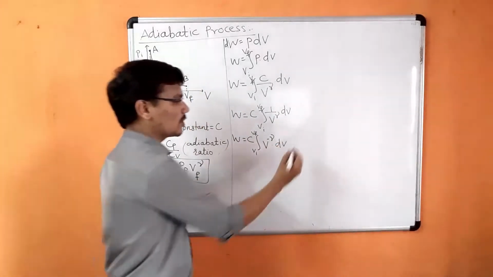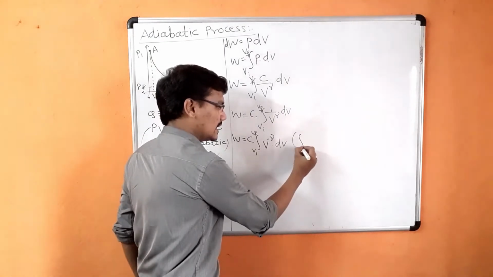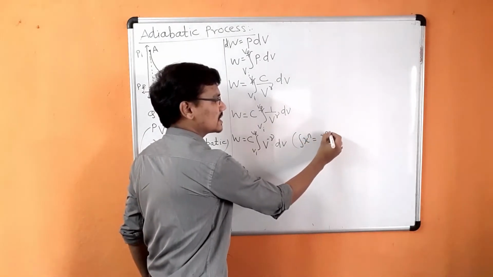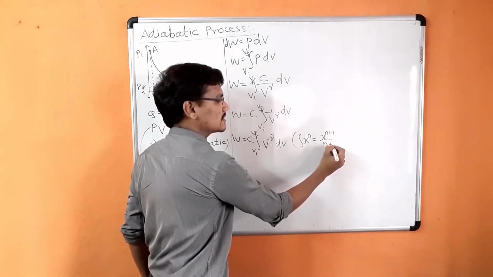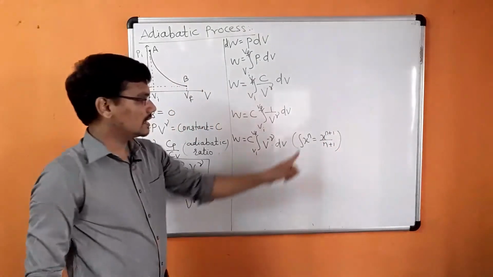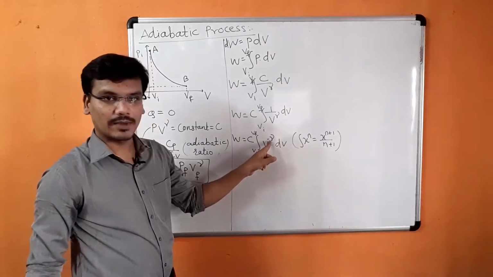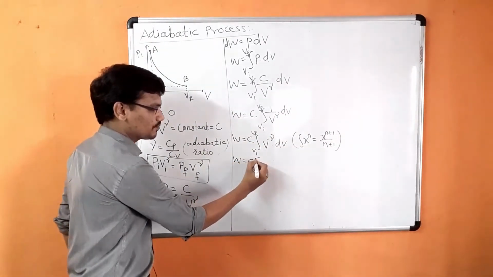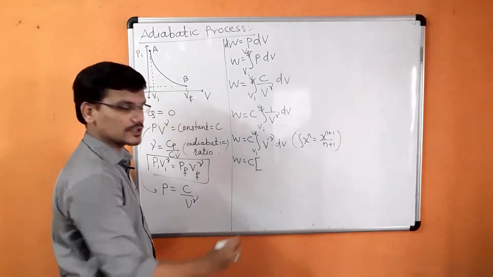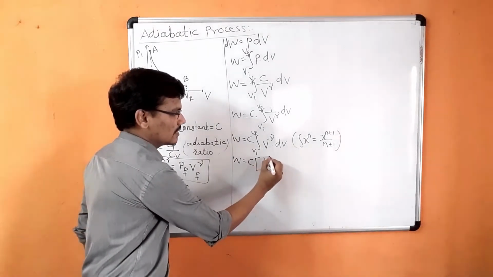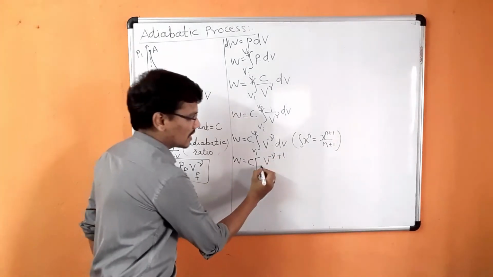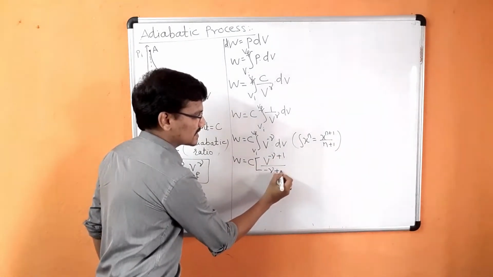Then apply the formula of integration. Integration of x raised to n equals x raised to n plus 1 upon n plus 1. Here the value of n is minus gamma. Therefore, W equals C times the integration of V raised to minus gamma, which is V raised to minus gamma plus 1 upon minus gamma plus 1.